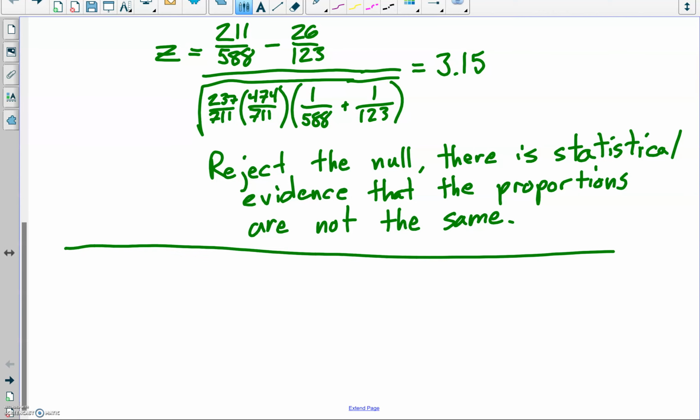To do a 90% confidence interval, we're going to use a lot of the same information, just in a slightly different way. So 90% CI is all abbreviated here.